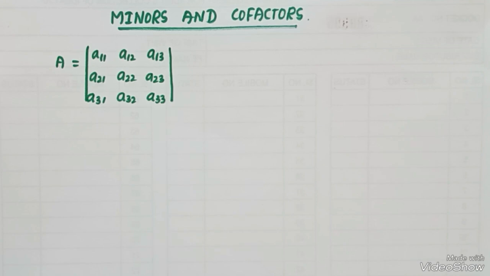Here there is a minor of the first element. For this we have to calculate the minor for each element. Each element carries its own minor as well as cofactor.